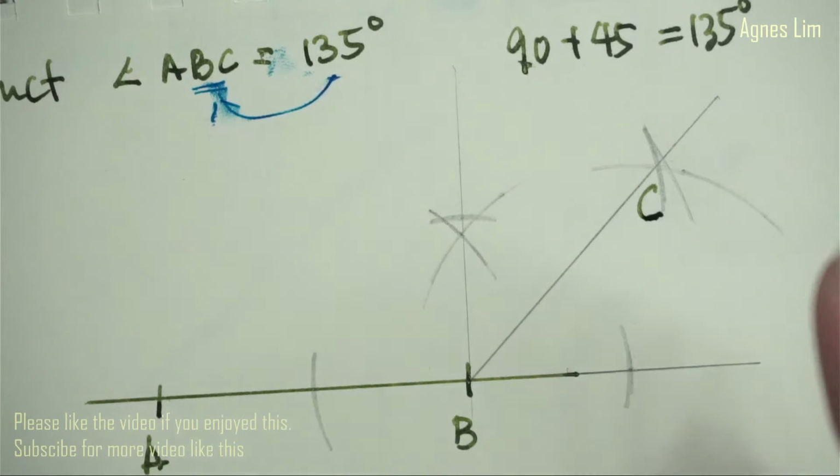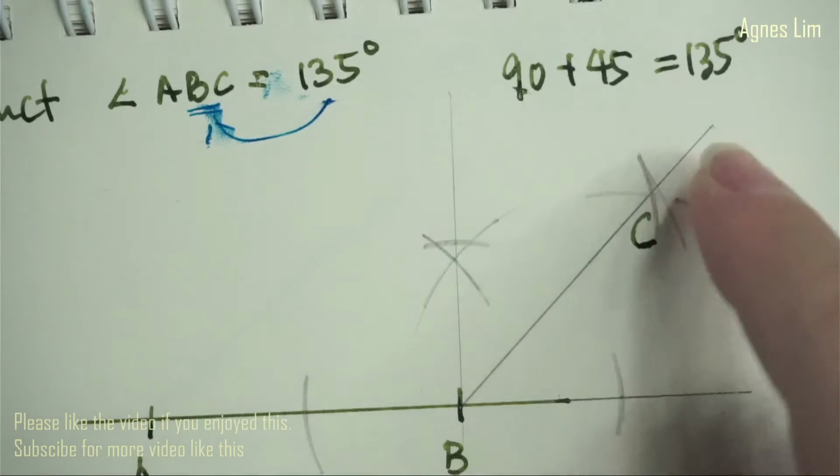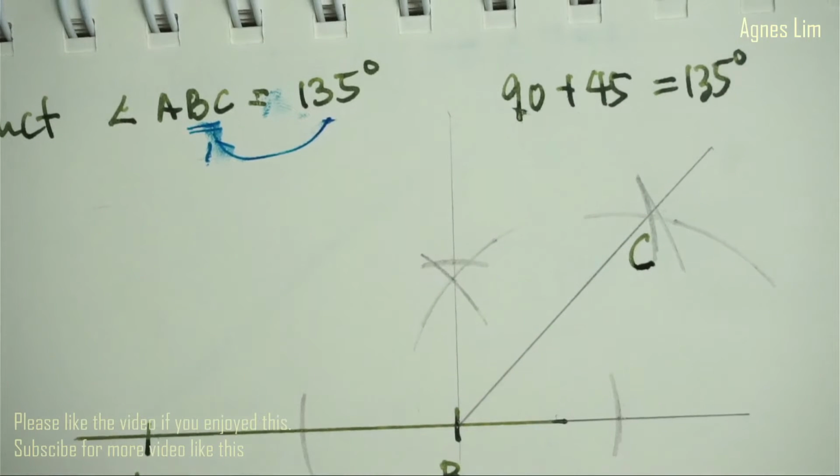Then it can be a combination of two angles in order to create another angle, like this one, 135.